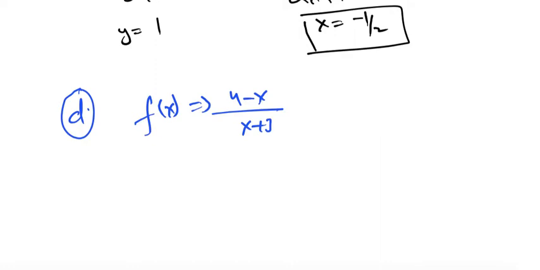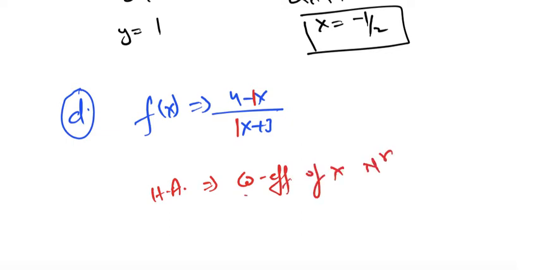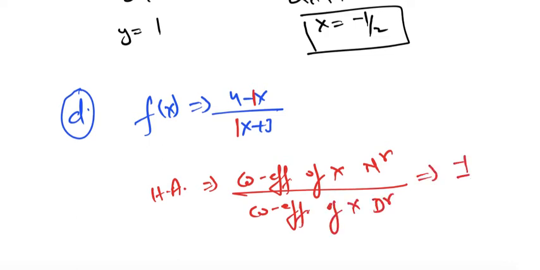Now in this question, the coefficient of x in the numerator is -1, and in the denominator the coefficient of x is 1. So for the horizontal asymptote, we put the coefficient of x in the numerator over the coefficient of x in the denominator, which is -1/1, equal to -1.